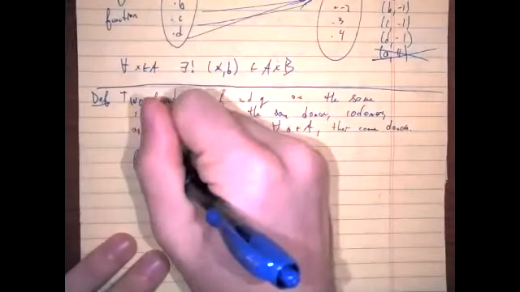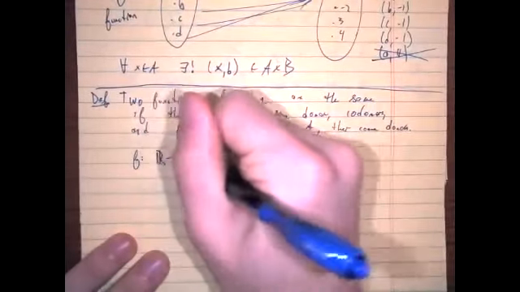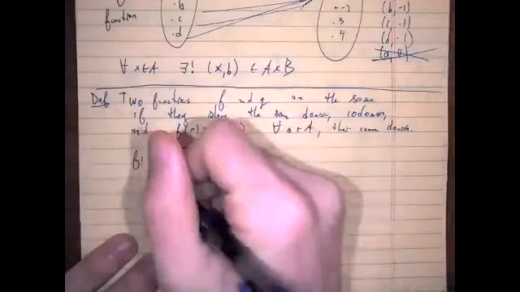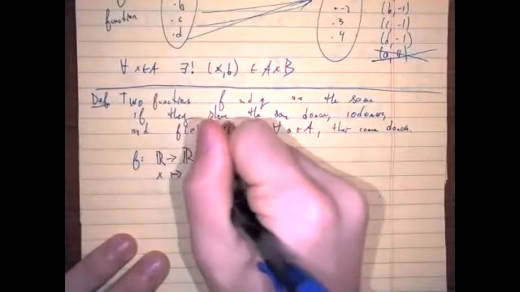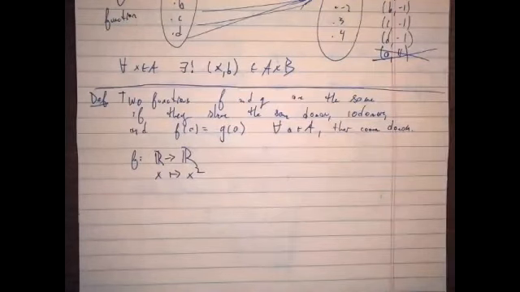Okay, so here's a good question. Let's do the function f from R to R given by x maps to x squared. Namely, you take a real number and you square it.